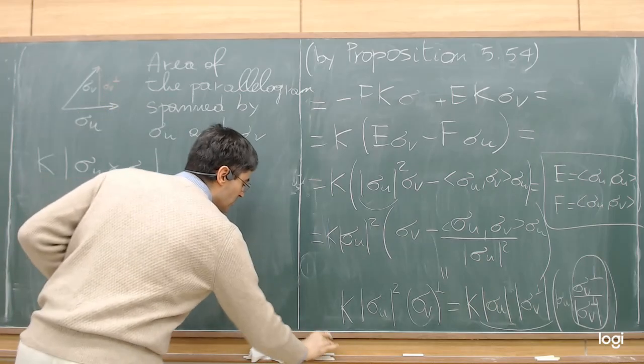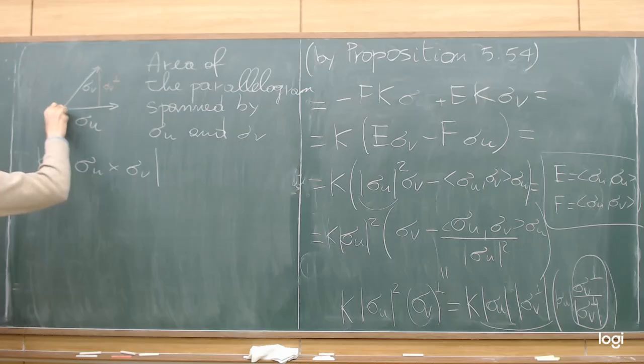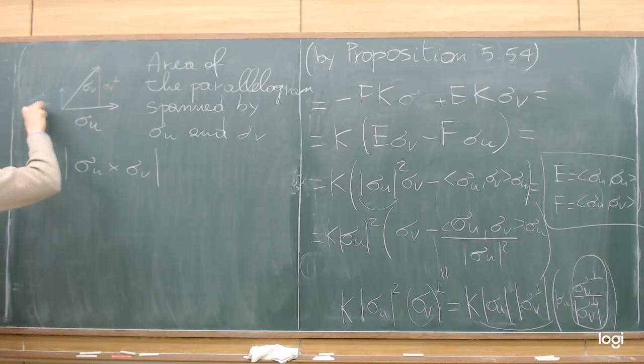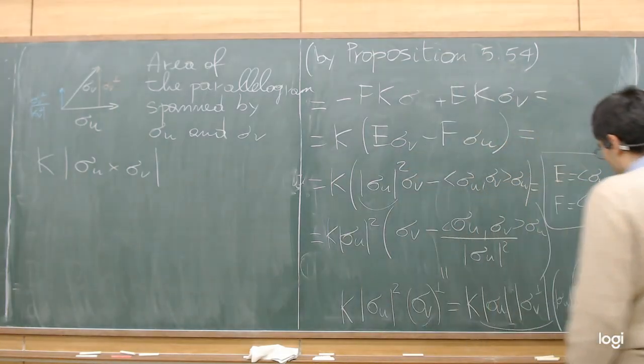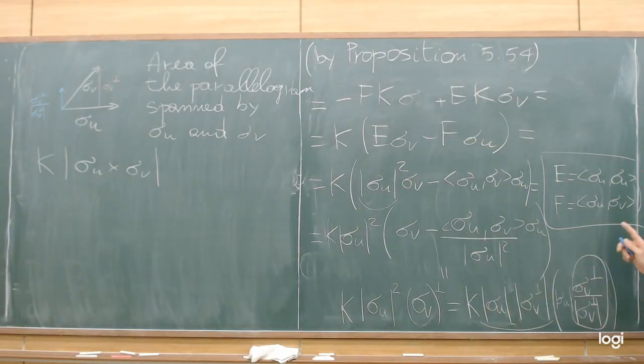I use another color; it points this way, for example. Sigma v orthogonal divided by sigma v orthogonal length. And then I multiply this unit vector by this number.